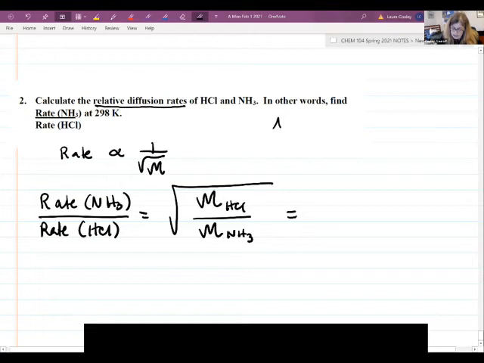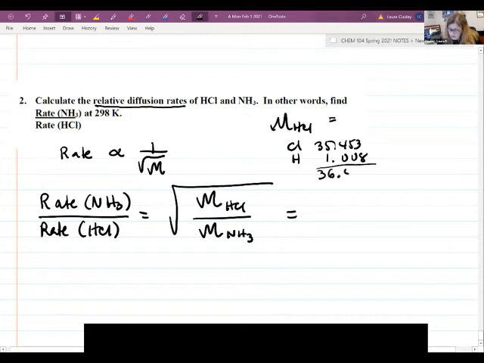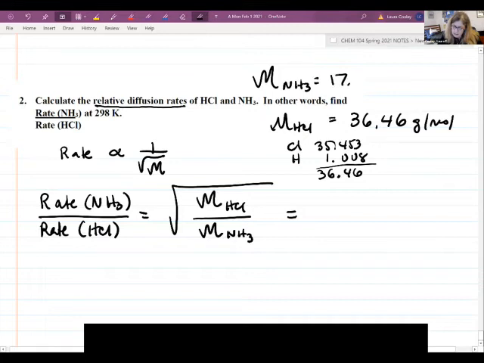Okay, and the molar mass of HCl, well, chlorine is 35.453, hydrogen is 1.008, and that comes out to, let's just call it 36.46. And the molar mass of ammonia is 17.03.